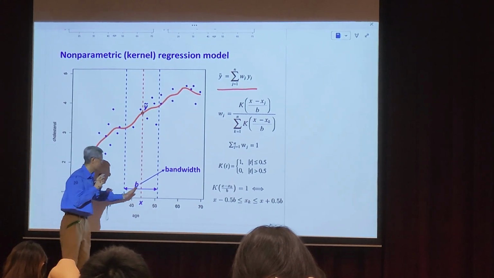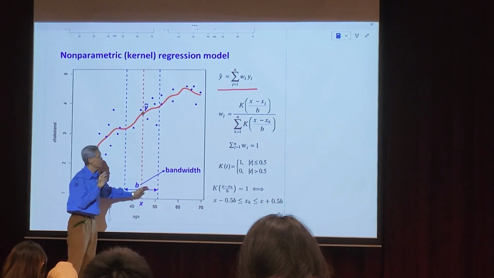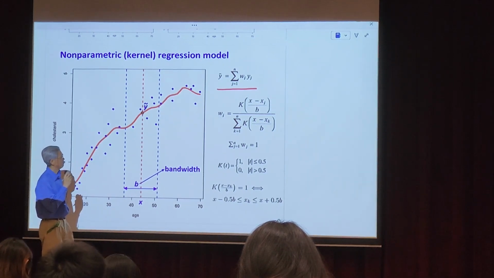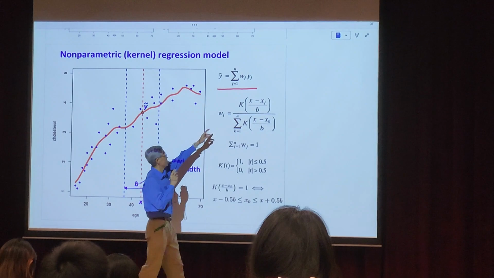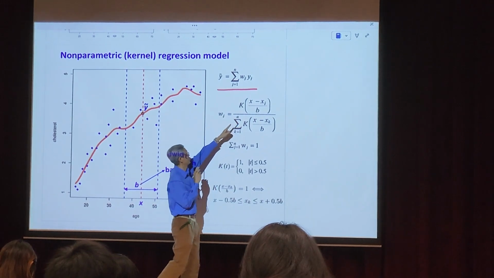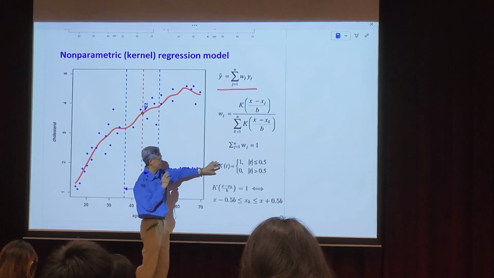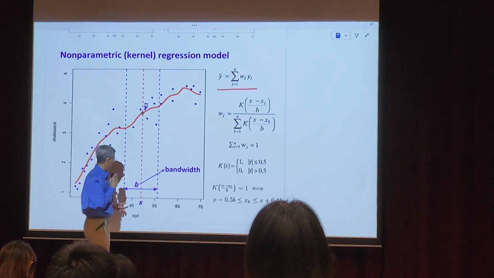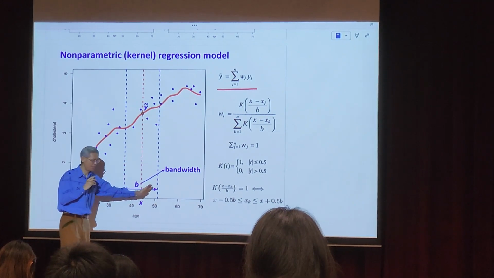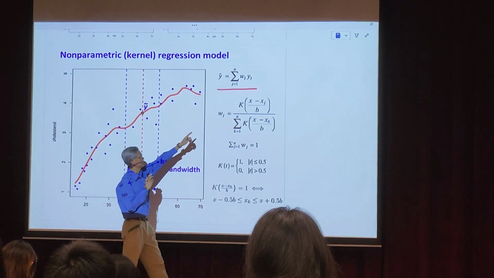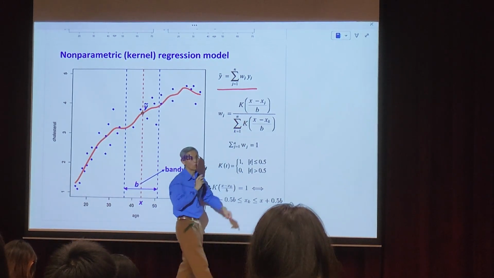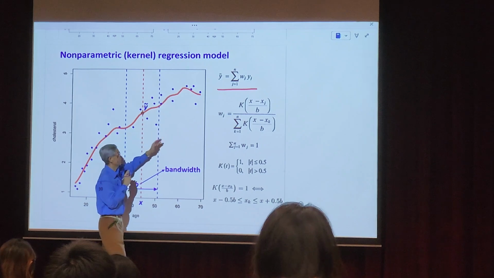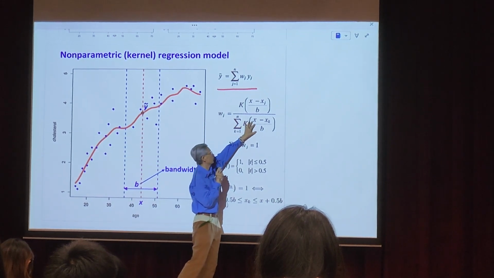There's no weight. So all these points here, Wj will be 0. But for all the points here, this Wj will be 1. So k is a binary function. So k means if a point falls within the bandwidth, then this quantity here will be 1. So in other words, every point here, this is 1.